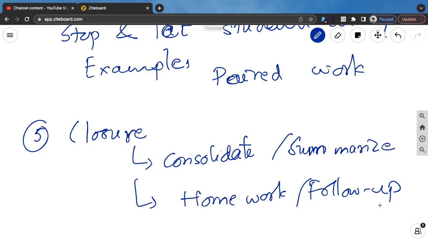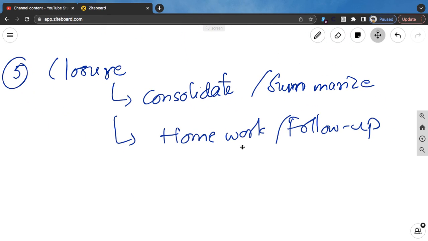Especially in science and math classes, you can always say, find something around you which has a similar concept and click a picture and share it on WhatsApp or whatever. So some follow-up activity and closure, very, very important.